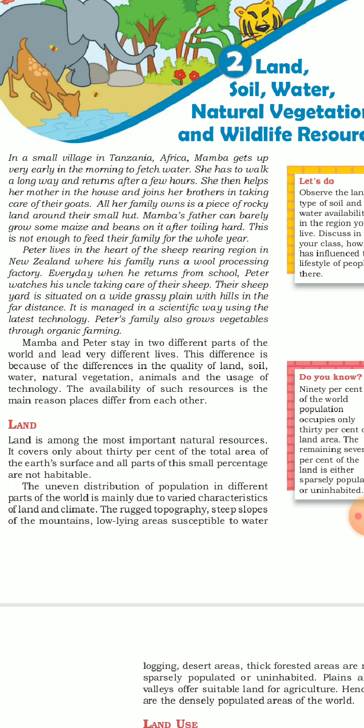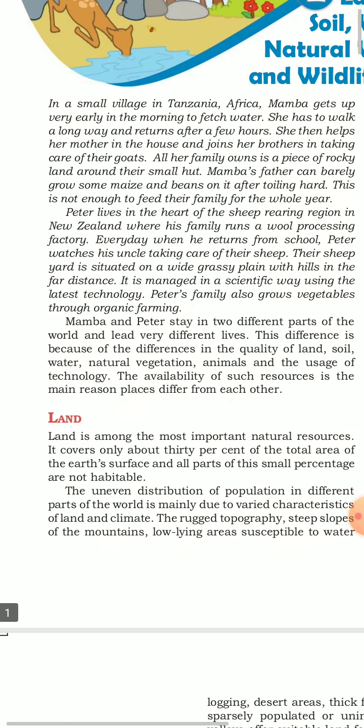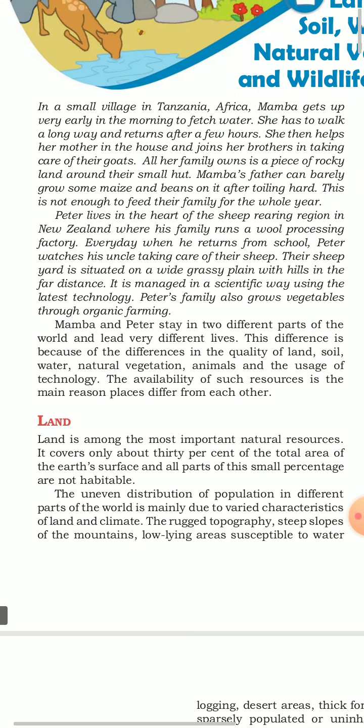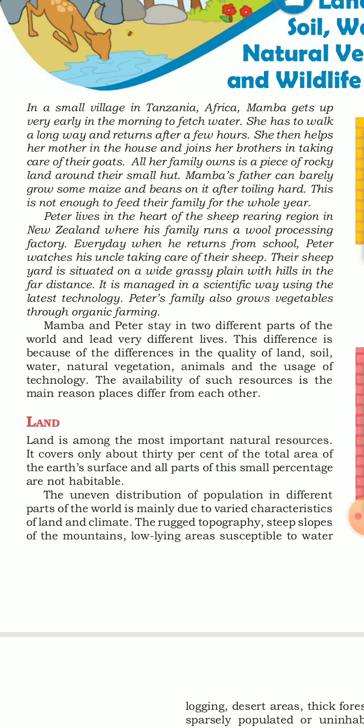Land is among the most important natural resources. Natural resources are anything that people can use which comes from nature, such as land, water, air, etc. So, land is one of the most important natural resources.